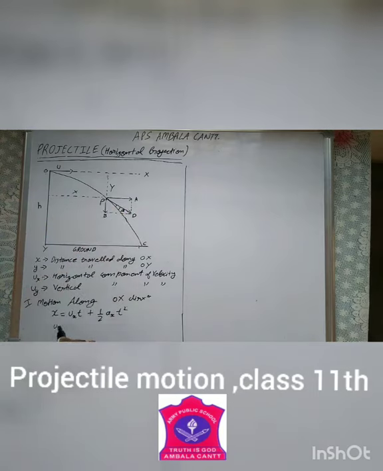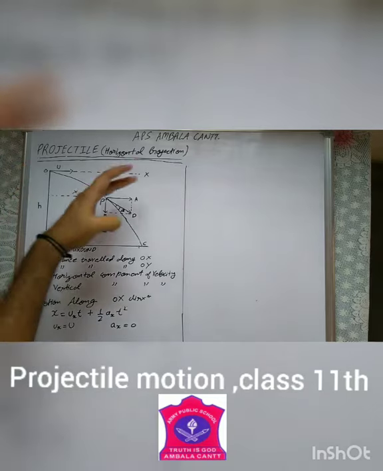But ux is equal to u, because we have given the initial velocity along Ox. The initial velocity that we gave to the object is along Ox, therefore ux is equal to u, and ax is equal to 0 because there is no acceleration given to the object. The object is given only the initial velocity, and after that there is no acceleration felt by the object in the Ox direction.